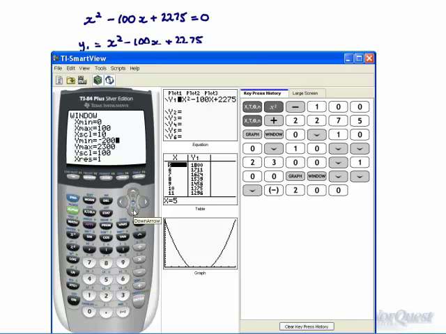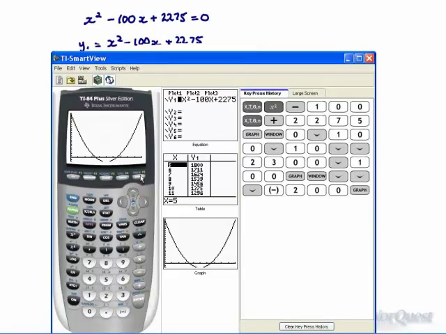So I'm going to go from 0 to 100 in x, up by 10s, from negative 200 to 2300 for y, up by 100s. And I should get a fairly decent picture. I don't need to see the bottom of the graph. What I do need to be able to find is where I cross the x-axis, and I do have enough room to find that.